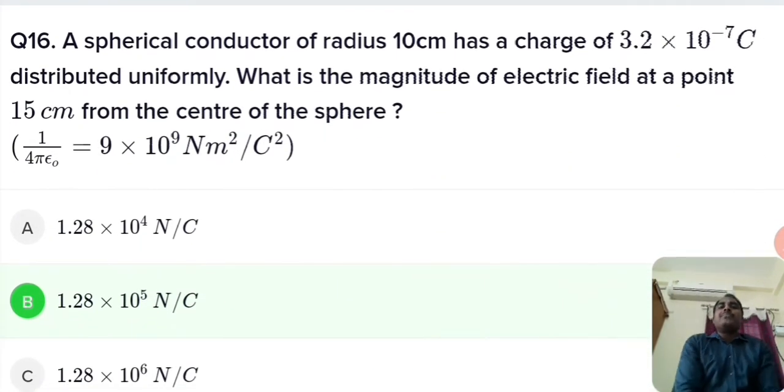Next problem, 16th one. A spherical conductor of radius 10 centimeter has a charge of 3.2 into 10 power minus 7 coulomb distributed uniformly. What is the magnitude of electric field at a point 15 centimeter from the center of the sphere?